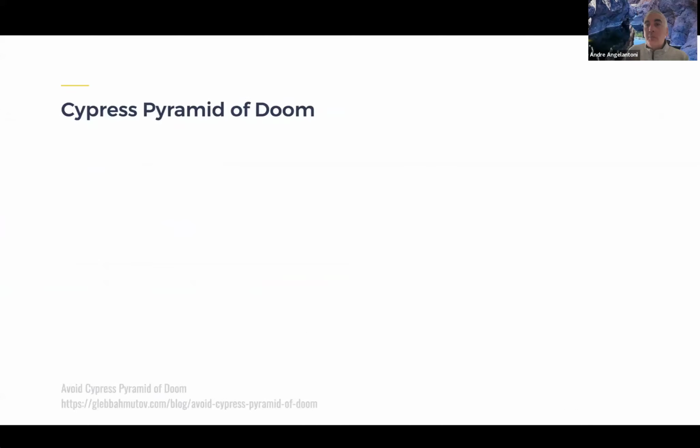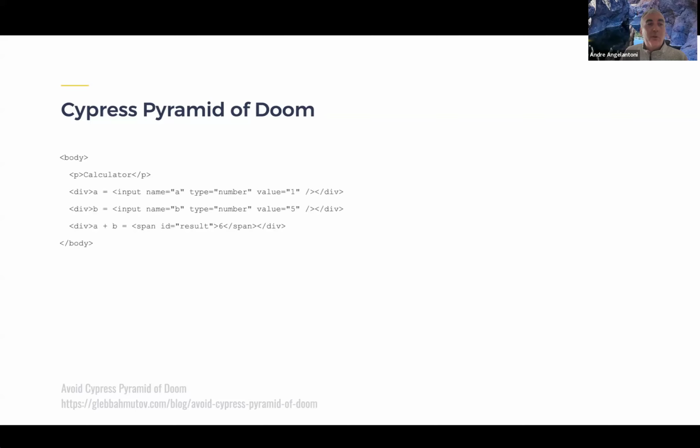Now, it is possible to rewrite that. That's actually a bad example, but when you're a beginner, you might easily write that sort of code and get into this situation where you've got those weird then structures. But there are other situations where it's not actually easy to avoid. And you've got something that's been called the Cypress Pyramid of Doom.